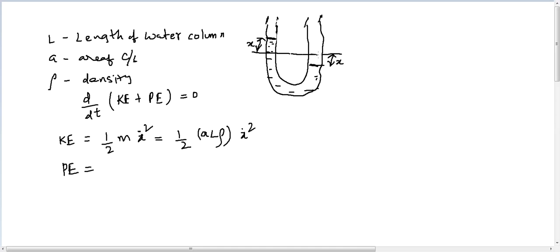To disturb the water like this, we have to apply some energy, right? If we plot the force we have to apply against distance, initially there is no need to apply any force, but that will increase gradually, linearly like this.